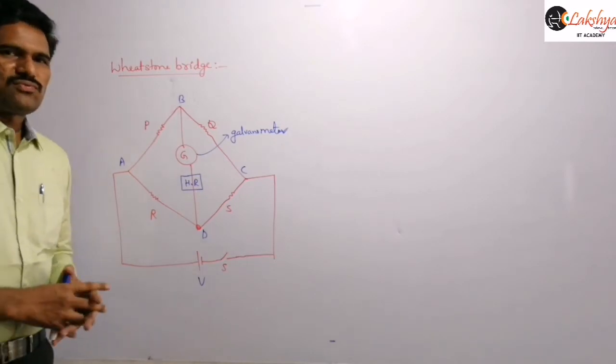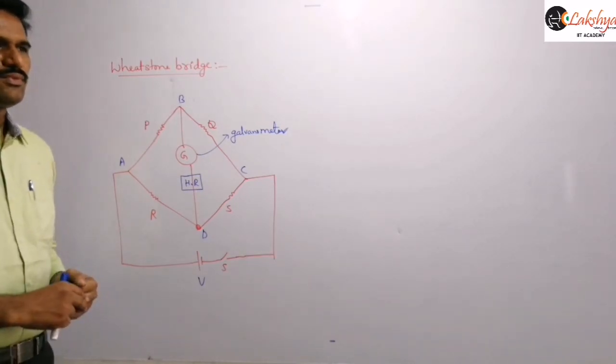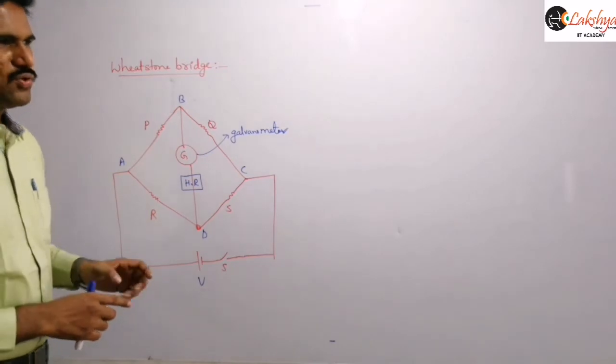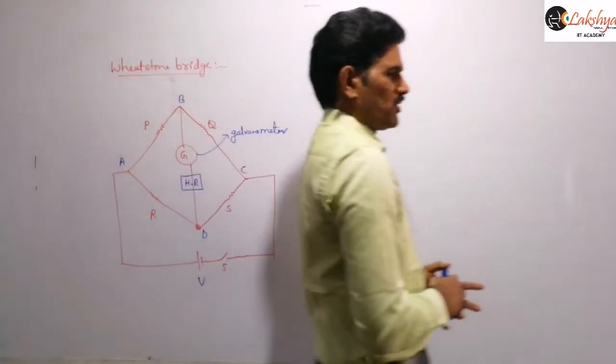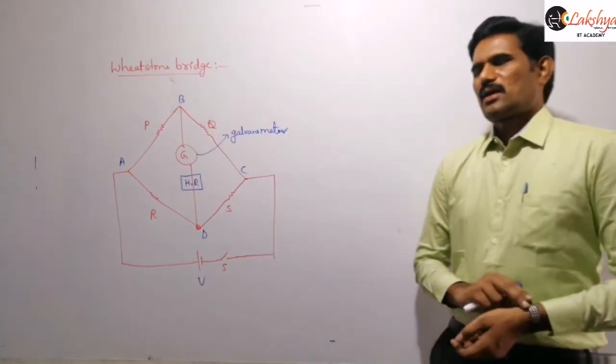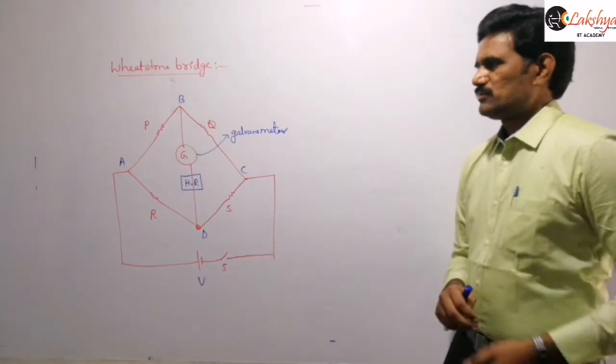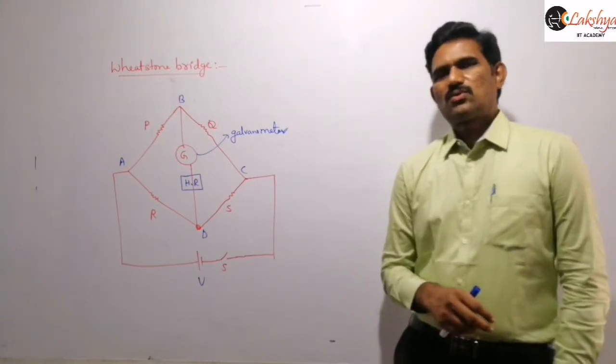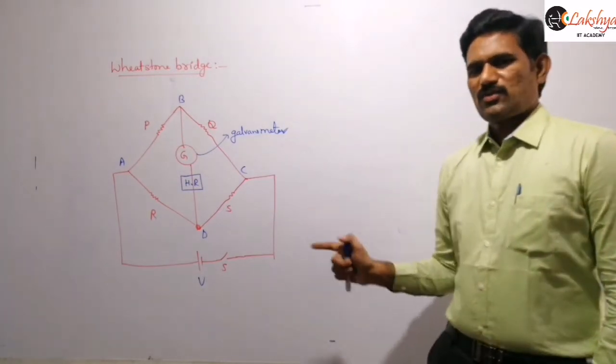It consists of four resistors PQRS connected in the form of a quadrilateral, as shown in the figure.